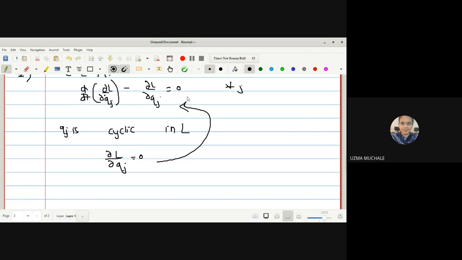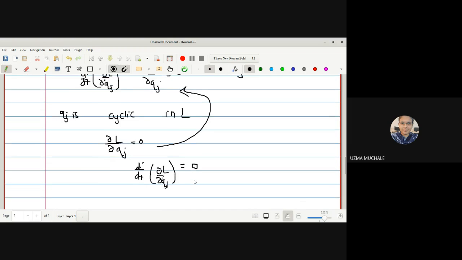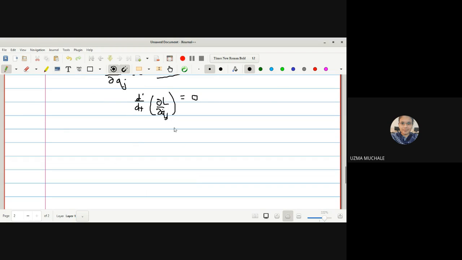So what I get as the result is d by dt of dou L by dou Qj dot equal to 0 minus 0, so it is equal to 0.